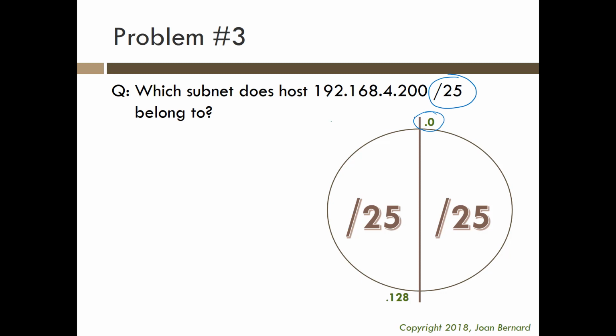The answer is either going to be the .0 or the .128. What you have to decide is, does the number 200 fall on the .0 half or the .128 half? Well, 200 is larger than 128, so it shows up over here. That means 128 is its network IP. So the answer is 192.168.4.128. That is the subnet in which that host IP address ending in .200 belongs.